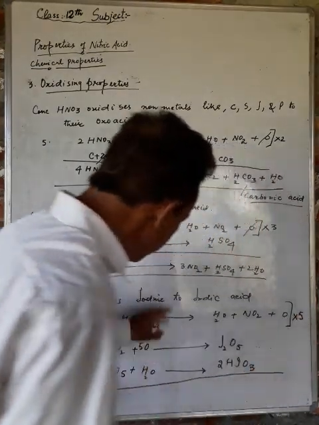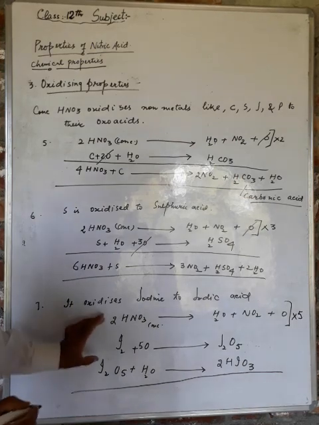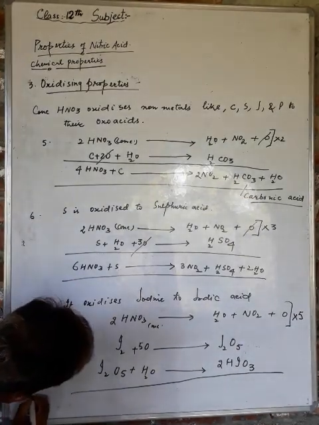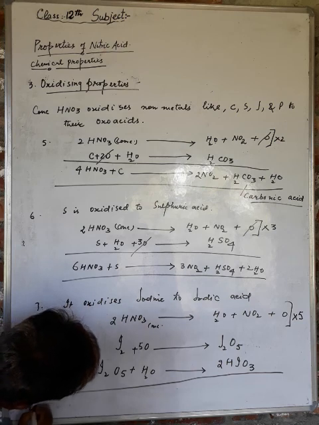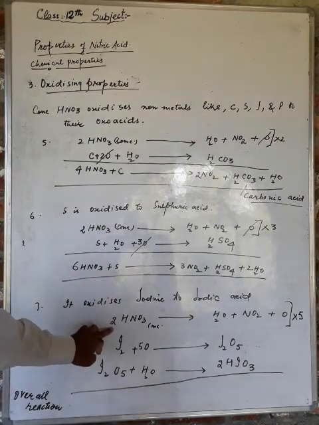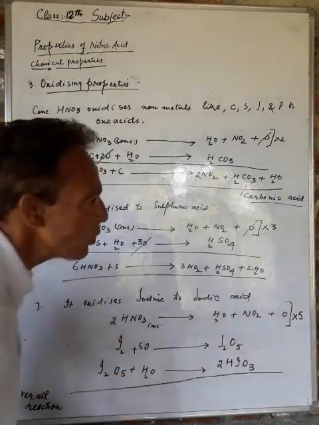We will cancel it. We have to add 3 reactions to write the overall reaction. Now the overall reaction will be: this is 2 times HNO3, we will multiply by 5.